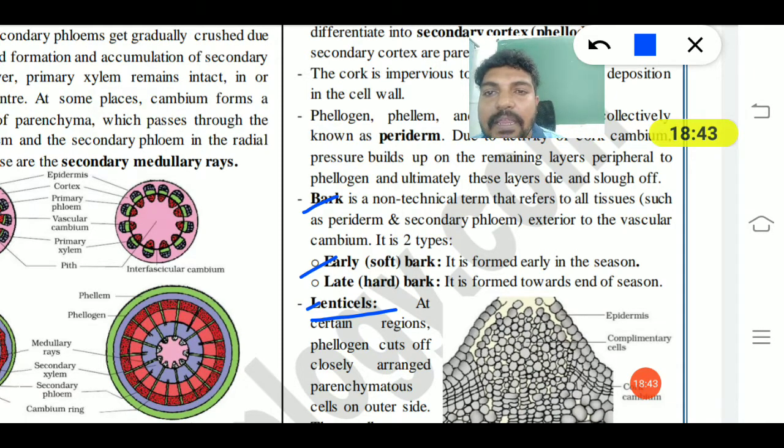The epidermal cells are ruptured here, and there are some loosely arranged cells called complementary cells, and those complementary cells help in the exchange of gases. The exchange of gases occurs through stomata and lenticels.